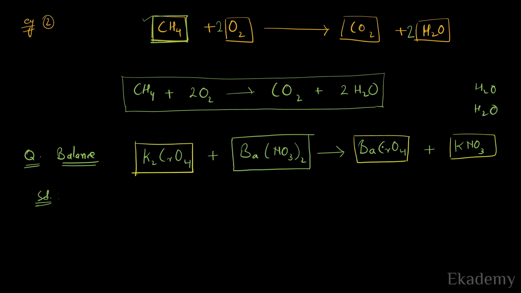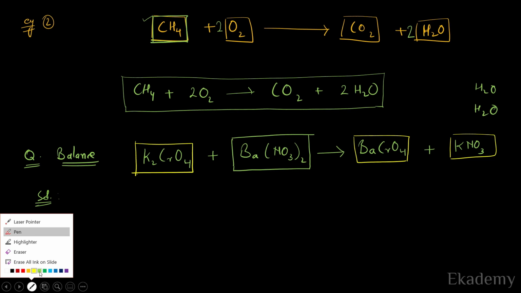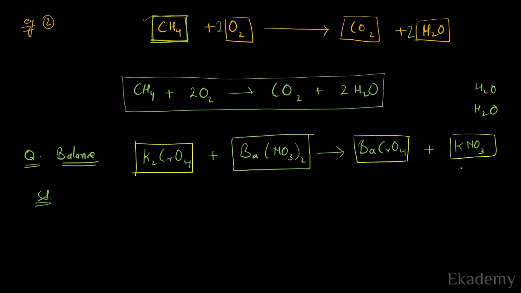In order to balance this nitrogen, we need to add a number in front of this, and that number should be 2, right? This 2 makes 2 nitrogen. Here also we have 2 nitrogen.